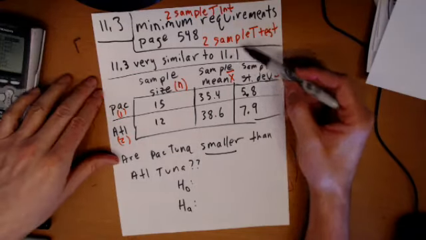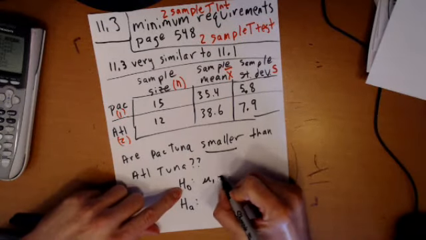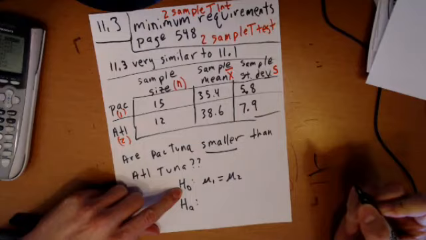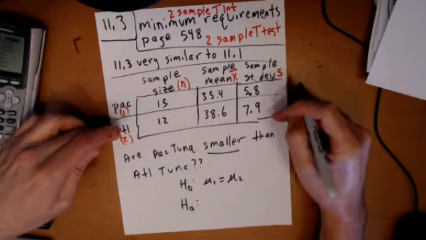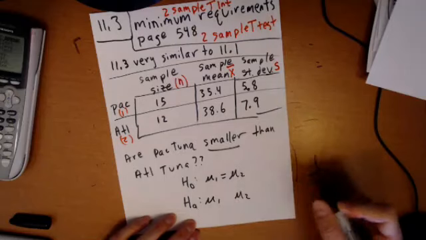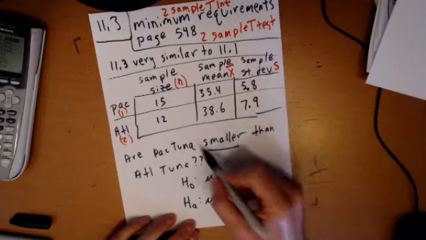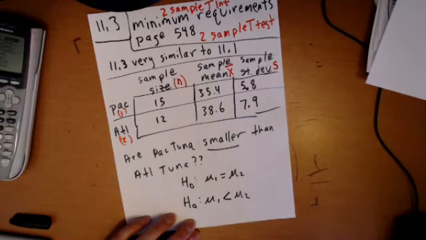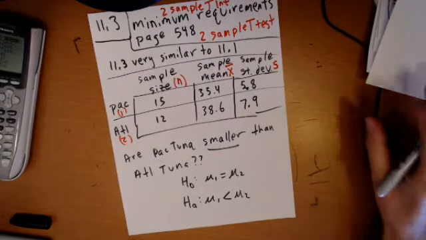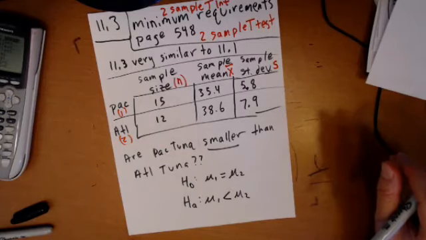So if this is all about means, it's analogous that our null here is that mu1 is equal to mu2. The means of the different groups are the same. And then the alternative is we need to figure out what symbol goes there: less than, greater than, different. Smaller. Less than. Now they just want us to do the standard 6 questions.